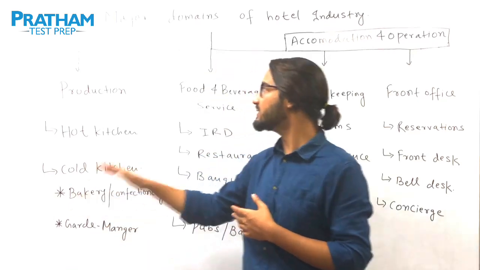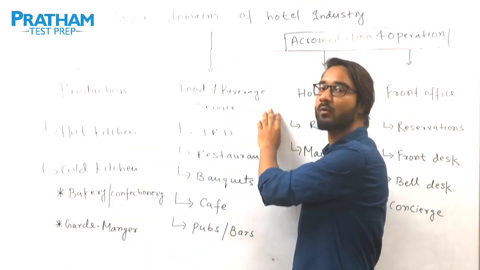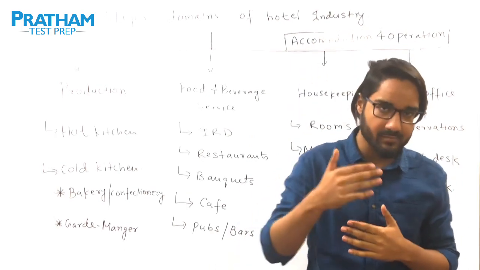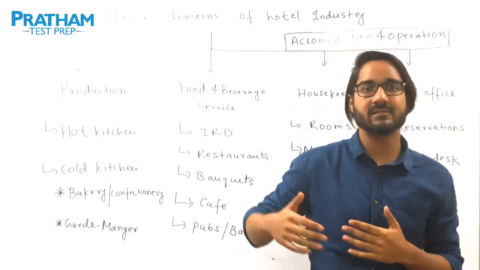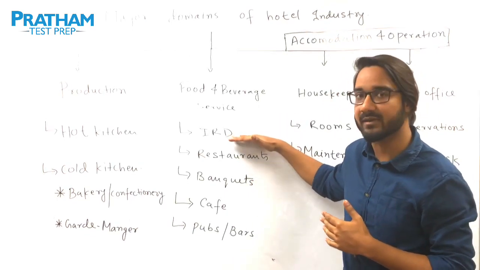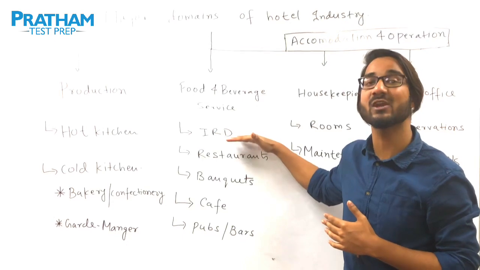Now, moving to the other segment, the most important one, that is your food and beverage service. It is further classified into your IRD, I'll repeat that, it's IRD, that is your in-room dining.